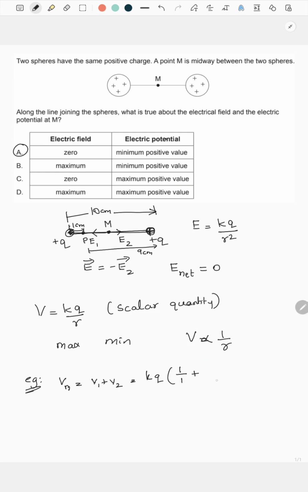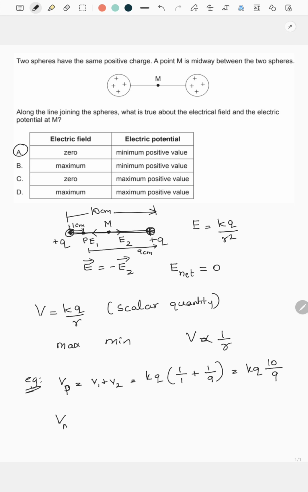These are the distances to the charges, so when you take the common denominator, we will get 9 plus 1, 10 divided by 9, times KQ. So this is the potential at the point P, not at the midpoint.